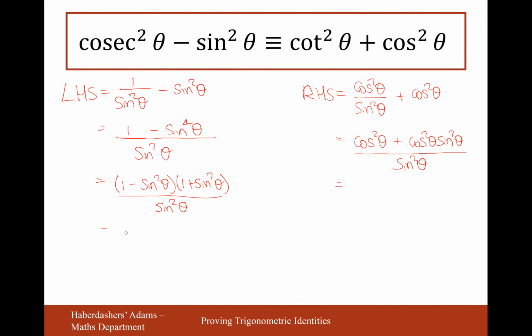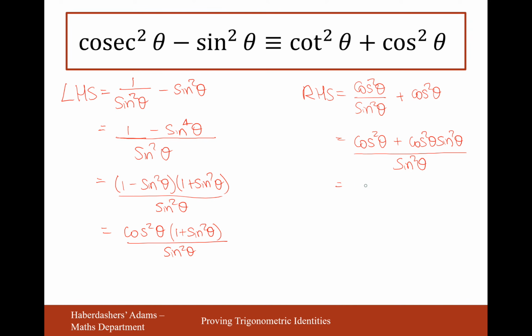Now 1 minus sine squared theta is cos squared. Oh, this is turning very similarly into what I have on the right hand side. 1 plus sine squared theta over sine squared theta.